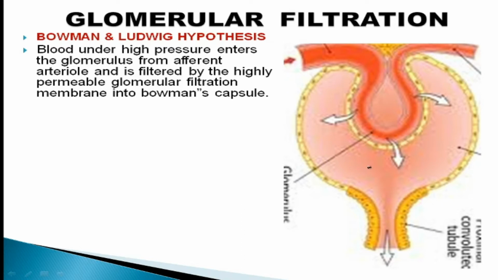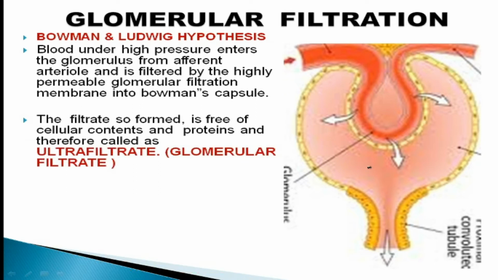Here I would like to make clear that the glomerular capillaries have great pressure, and the permeability of the glomerular capillaries is about 50 times more than the capillaries of skeletal muscle. They are highly fenestrated and have a lot of permeability.